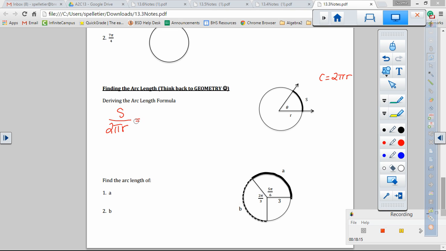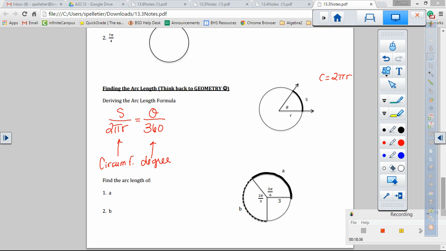And the same thing goes for the degree measure with the angle. I want that theta, however many degrees, out of the whole circle, which is 360 degrees. So this fraction represents the degree part, and this fraction represents the circumference.